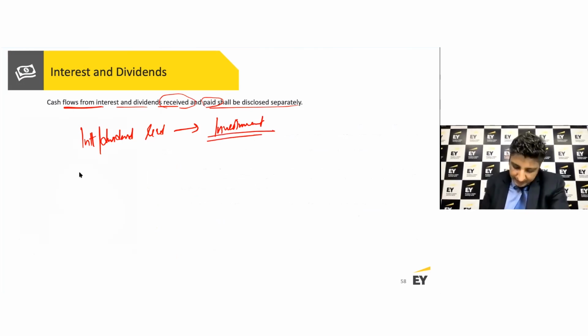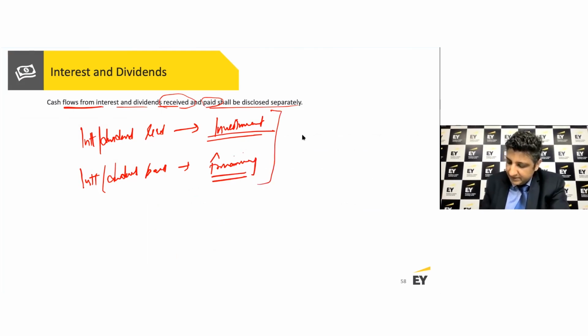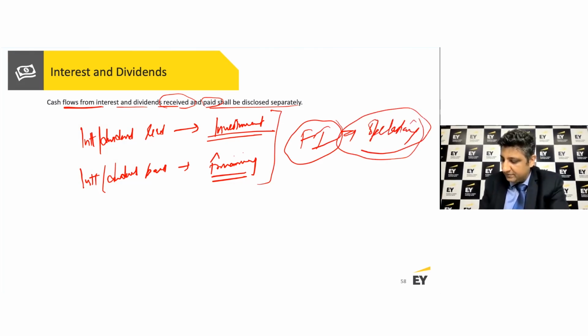Interest or dividend paid is purely financing, unless it relates to a financial institution where it becomes operating. You just want to remember that any interest or dividend received for any entity that is not a financial institution or a banking company is because of the investment made.